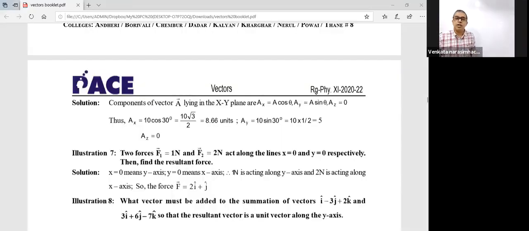Can you see illustration number 8? Yes, sir. Please solve. I will not be able to move the screen above because the solution is given below.